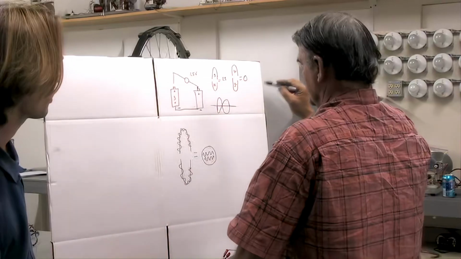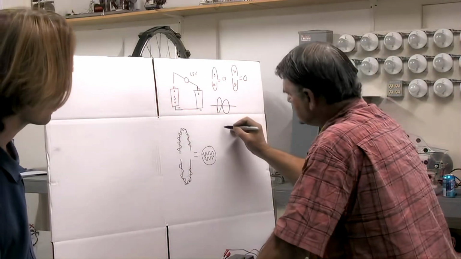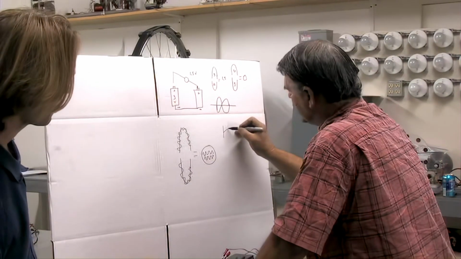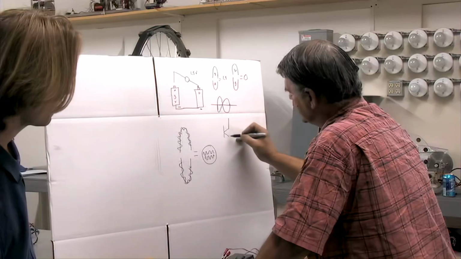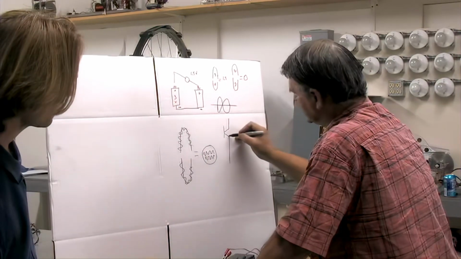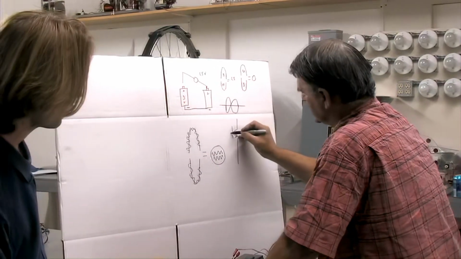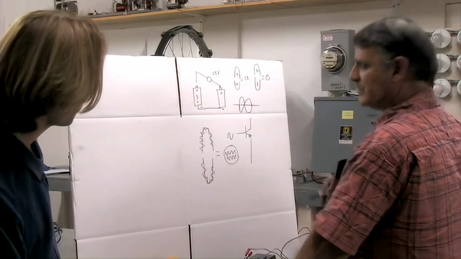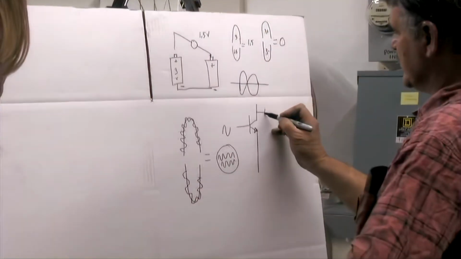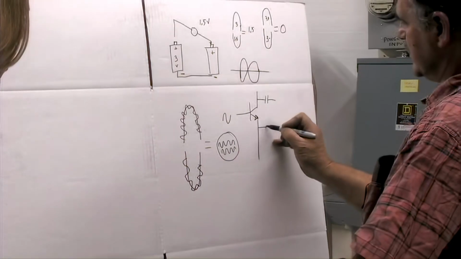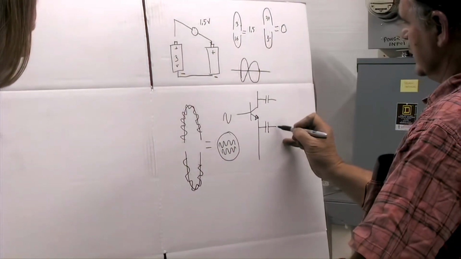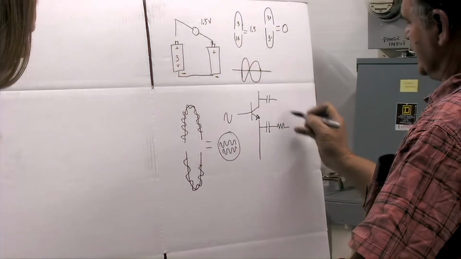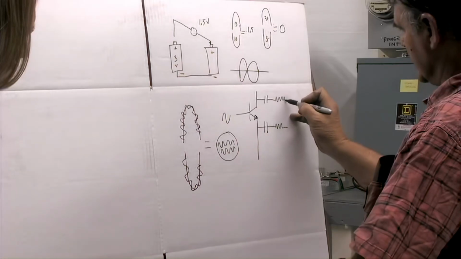So if I say to you, okay, I have a transistor here, all right, and I put this wave in it, and I take this portion, right, and I take this portion, and say that these are equal.